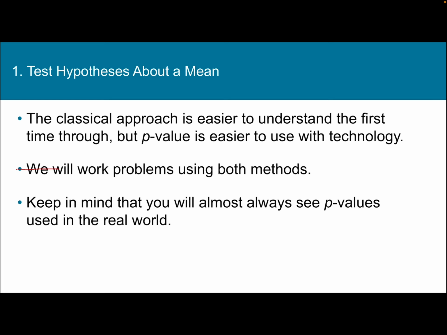So we are only going to work with the classical method. So you can draw a line where it says we will work with problems using both methods. Now, even though we are going to focus on the classical approach, keep in mind that in the real world, a lot of times the p-values are what are used.